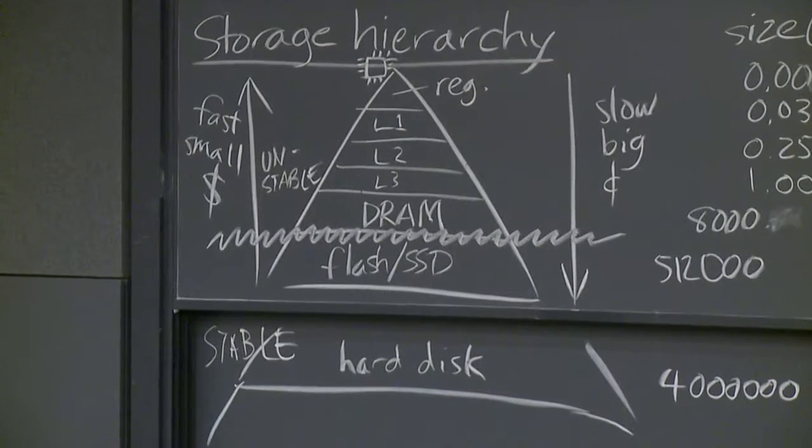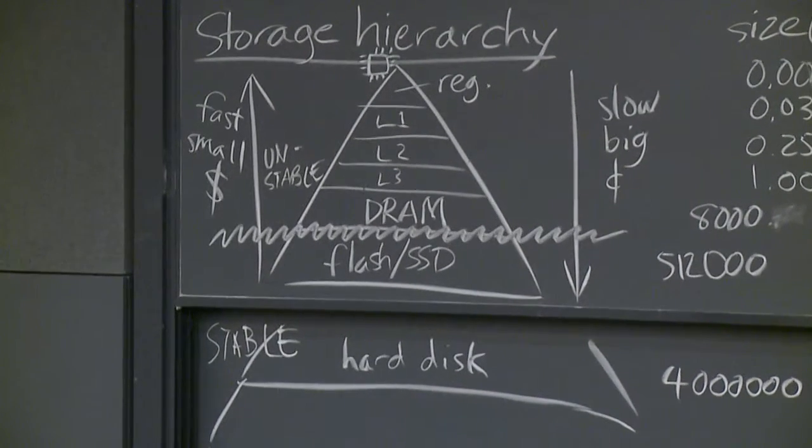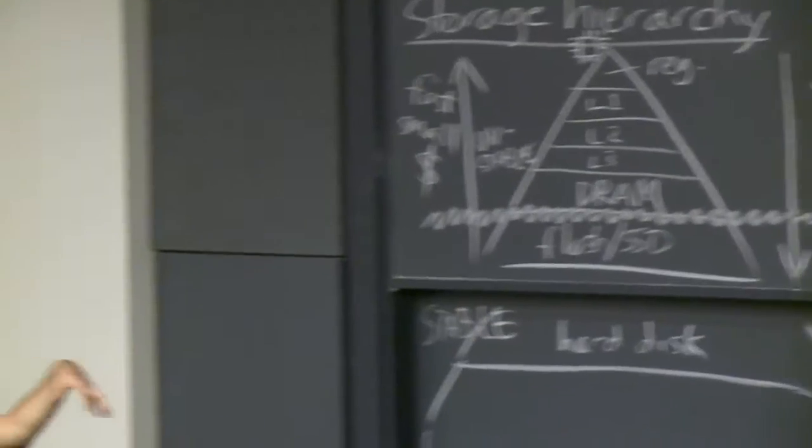Question, Will? Can you explain the difference between Flash and SSD? I literally cannot. The question was, can I explain the difference between Flash and SSD? So Flash and SSD, SSD stands for solid state drives, are both kinds of technology that use memory but manage to preserve their data after the plug is removed. They have some other similar characteristics.